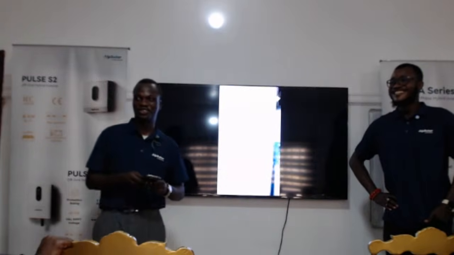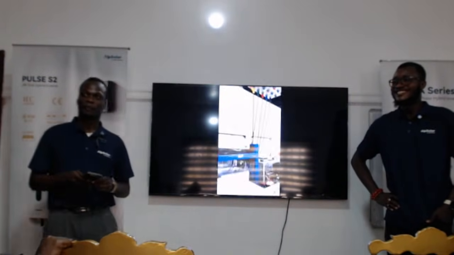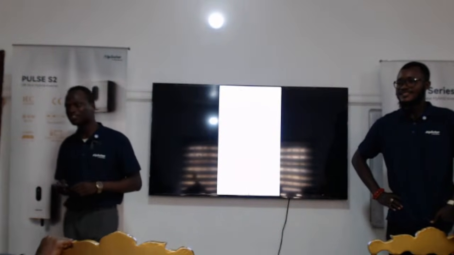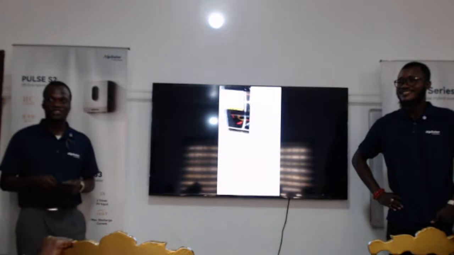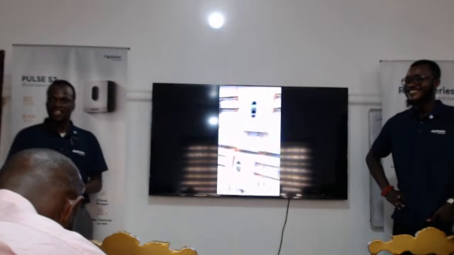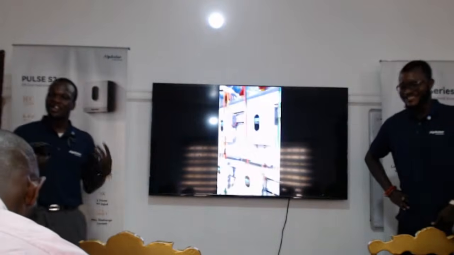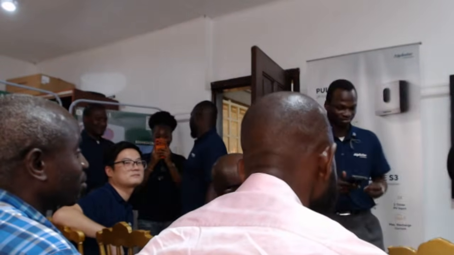It means that water cannot affect the inverter. It's half. And not only water: water and dust protection. So a round of applause for him once more. It's not just waterproof, it's also dustproof.